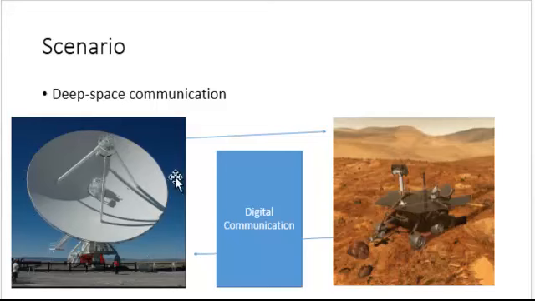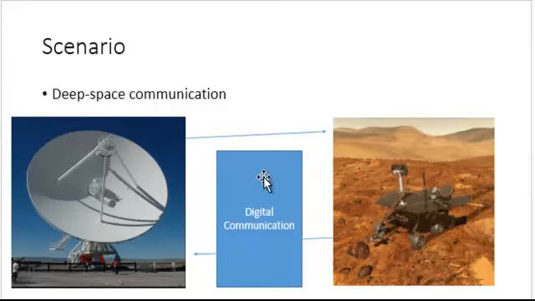So here this big antenna is going to send some computerized signals to this robot, and this robot is going to take those signals, and those signals will be analyzed in such a way in order to measure the soil content over this planet, and the results will be sent back to this Earth station.